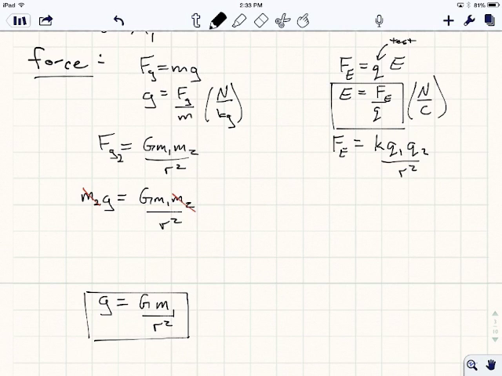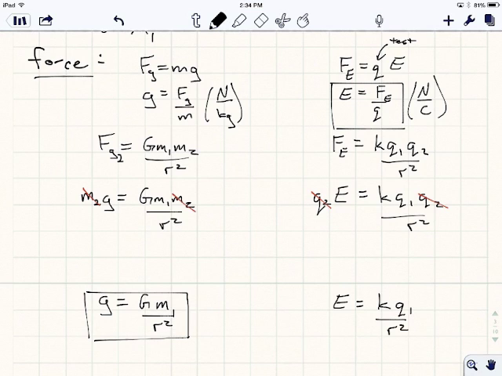Now we had just defined that this electrostatic force can be calculated by Q times E. It's a force per unit charge times the charge itself, and that's going to be equal to K times Q1 times Q2 over r squared. Doing the same thing, I can cancel out the Q's, and that will leave me with an equation to calculate the electrostatic field anywhere in space around a point charge Q.